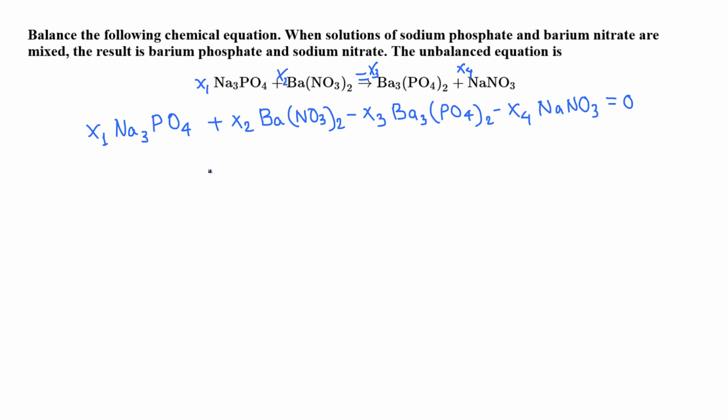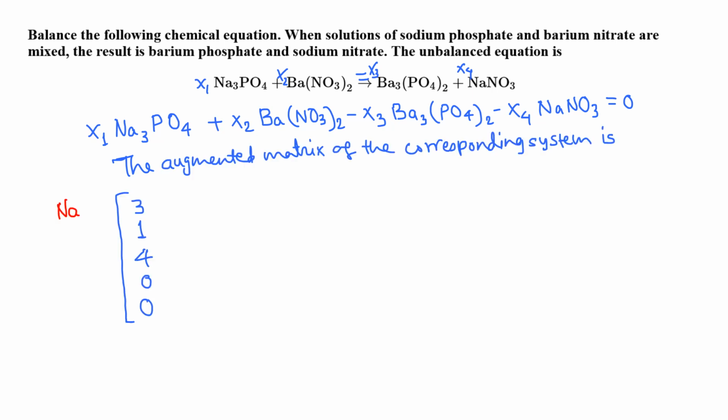Now we want to write down the corresponding system whose augmented matrix is the following. So from the very first term, with x1, we've got sodium 3, so 3 sodium, phosphorus 1, so just P, and oxygen 4.